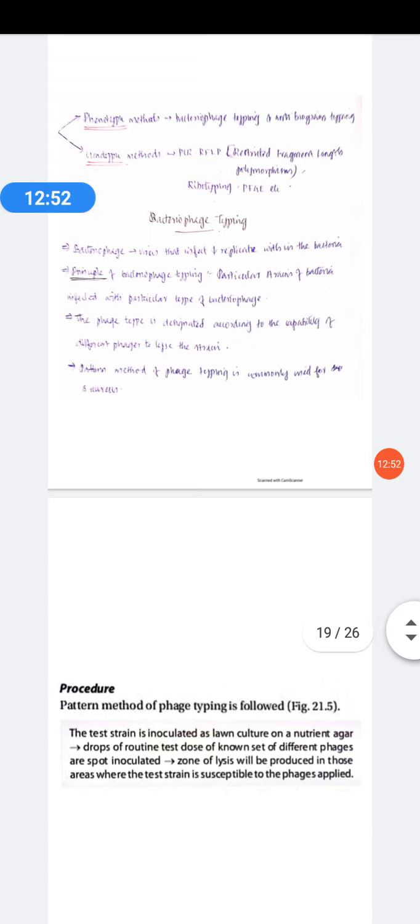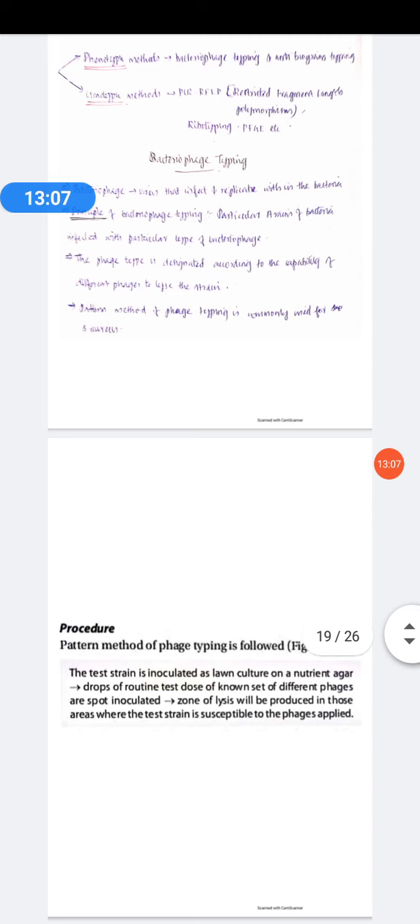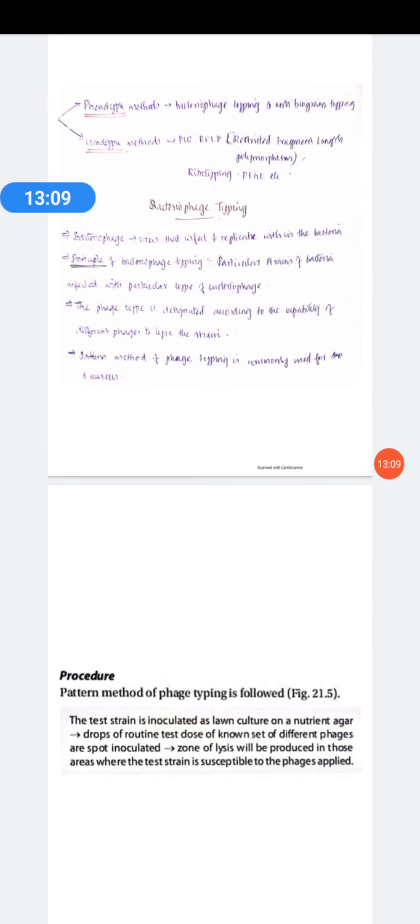Coming to the details about bacteriophage typing, we know what a bacteriophage is. Bacteriophages are viruses that infect and replicate within bacteria. That is, the virus that infects the bacteria is known as a bacteriophage. So the principle of bacteriophage typing is that particular strains of bacteria are infected with a particular type of bacteriophage.